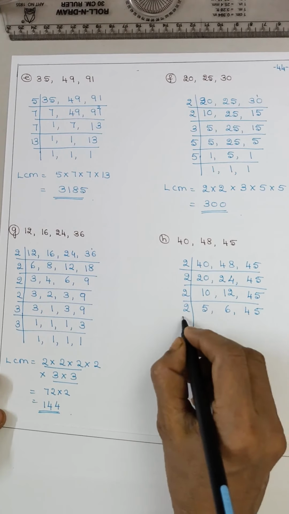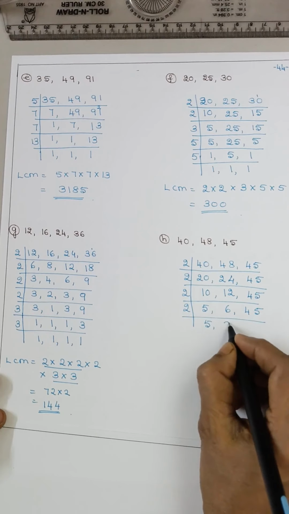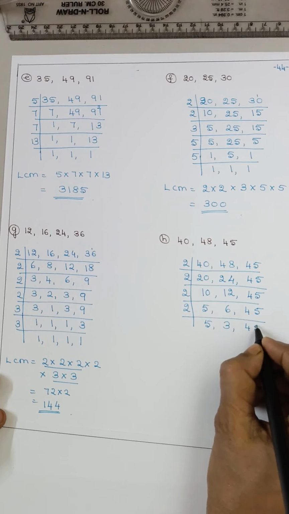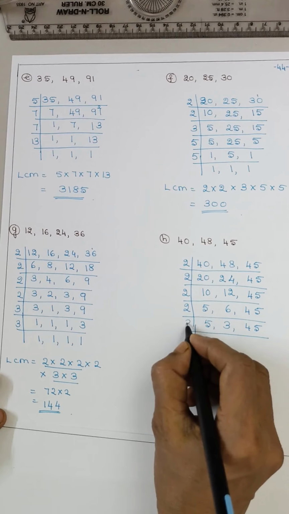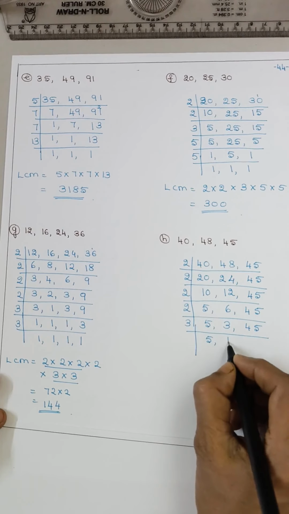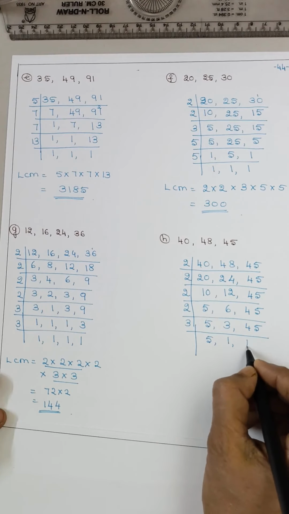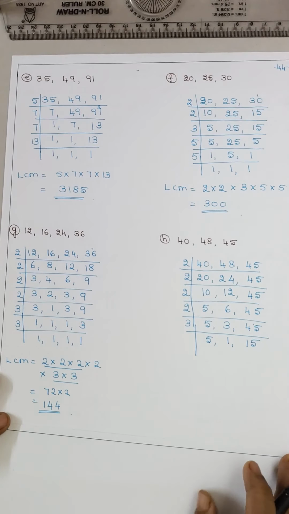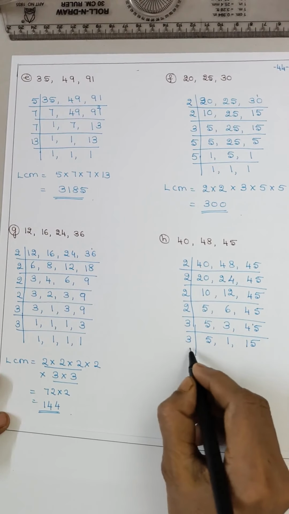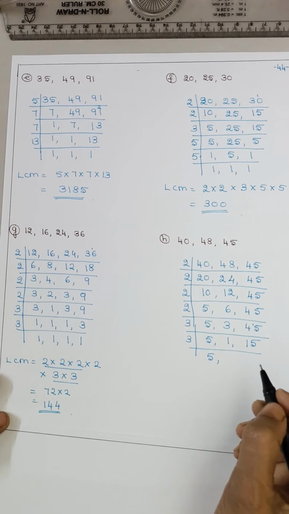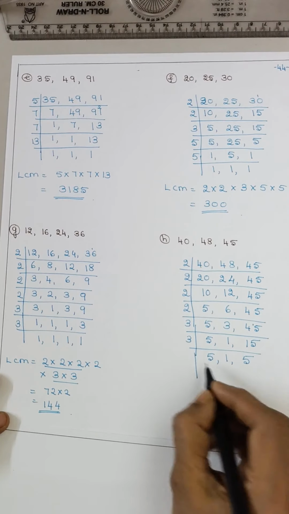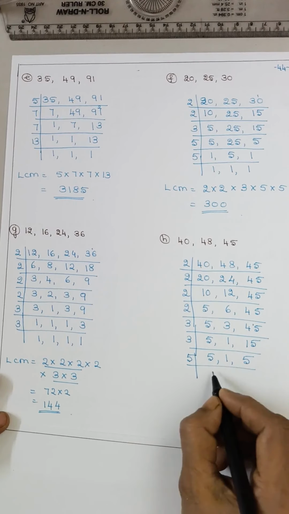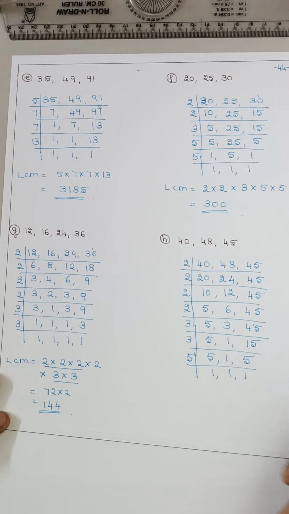Again 2, 5 as it is, 3s are 6, 45 as it is. Now try with 3. 5 as it is, 1s are 3, 1s are 3, 15. 15 divisible by 3. So 5 as it is, 1 as it is, 5s are 15. Now 5. 1s are 5, 1 as it is, 1s are 5.